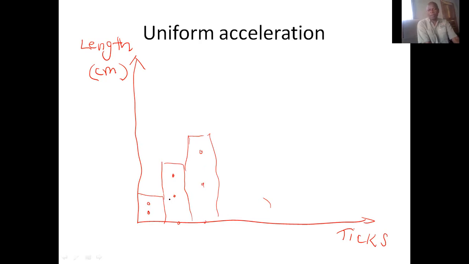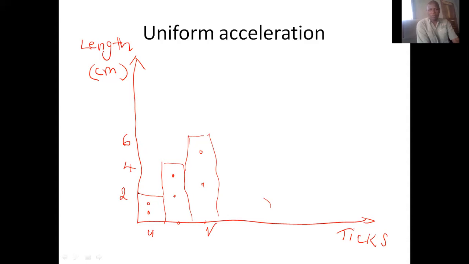For example, if this was 2, then this is 4, and this is 6. It shows the initial velocity for this object will be this one here, and the final velocity will be that one.